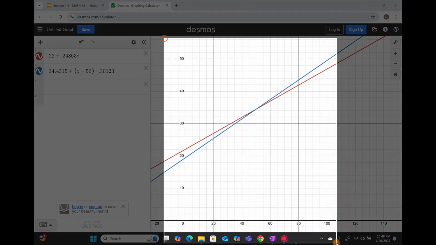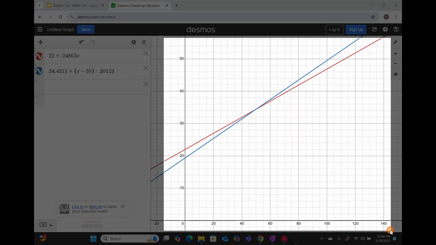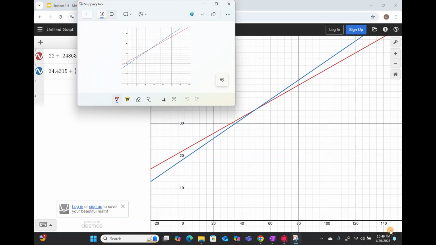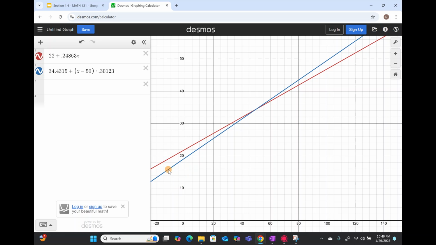I'm just going to copy and paste this. And just remember that the red line is for the first part, the blue line is for the second part. And actually, let's get this point right here, and we'll label that point.